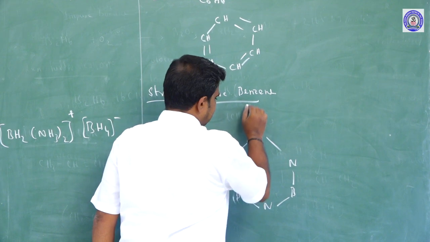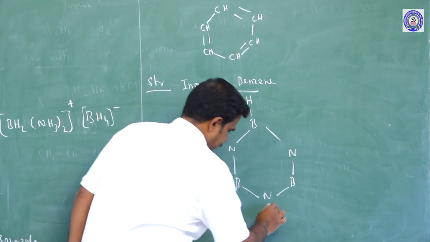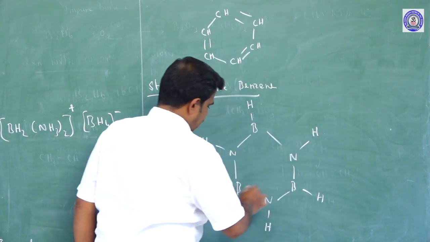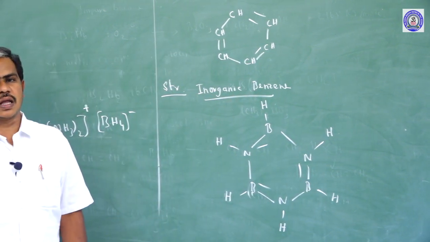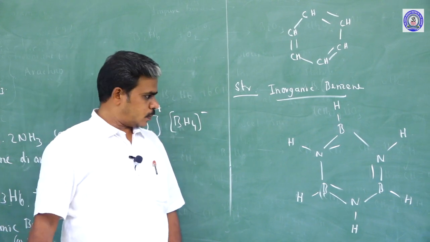And here there is hydrogen on each, and here there is double bond character. So inorganic benzene is called borazine or borazole.